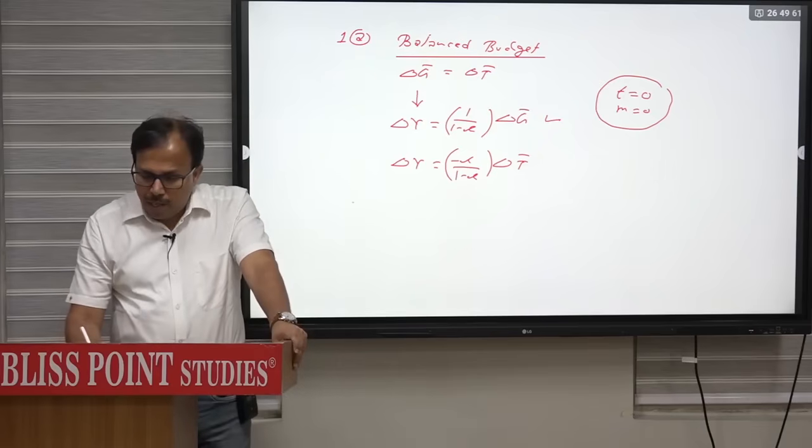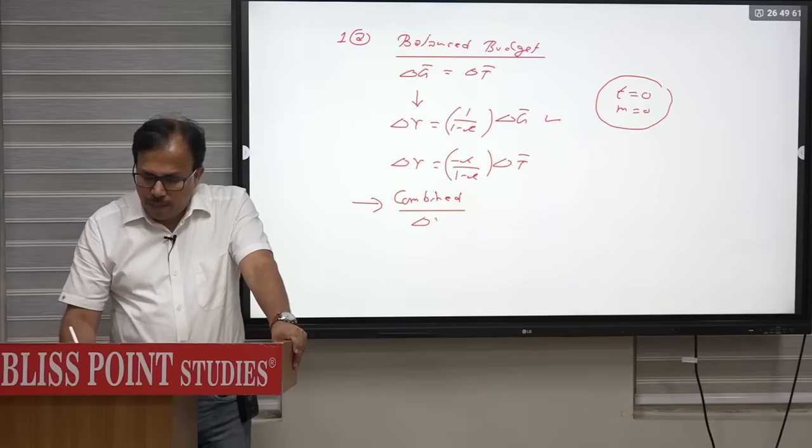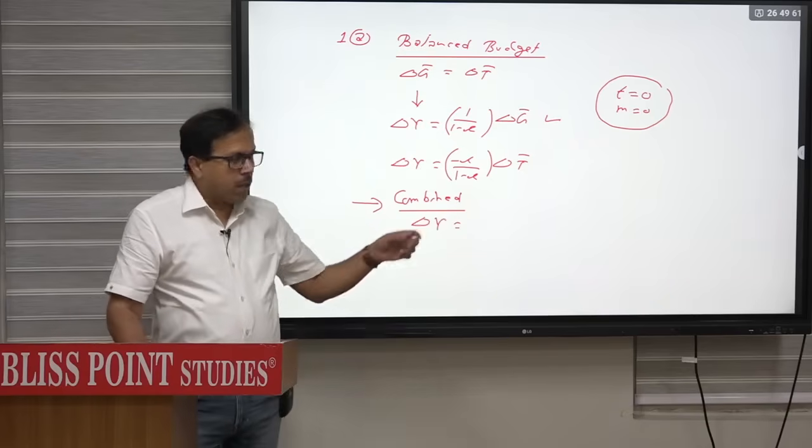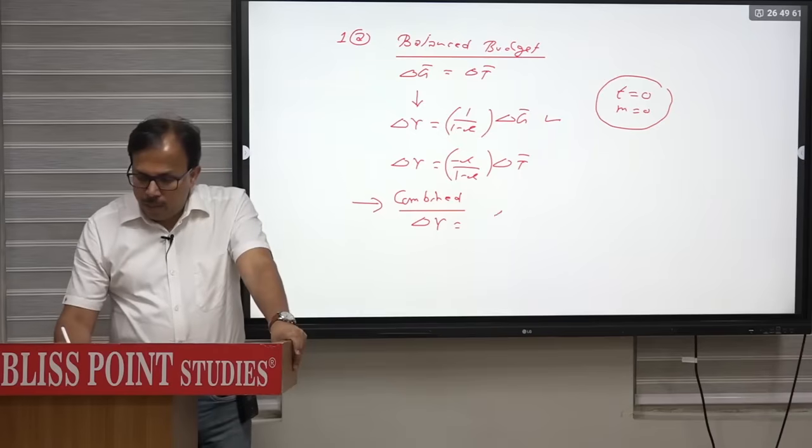So what will be the combined effect? The combined effect is that delta y will be equal to, you can add these two effect, इन दोनों को add कर लेना. So that will be delta g upon 1 minus c plus minus c upon 1 minus c into delta t.